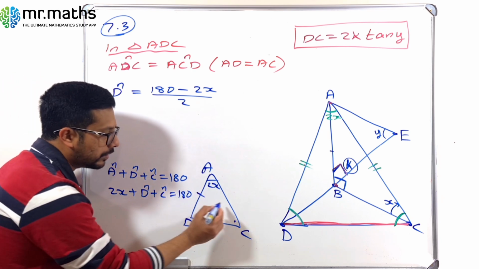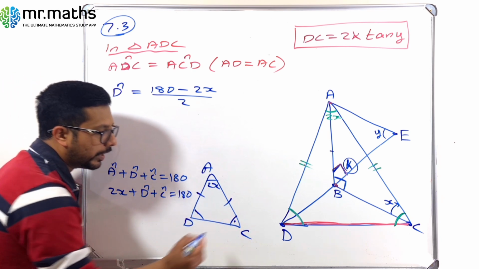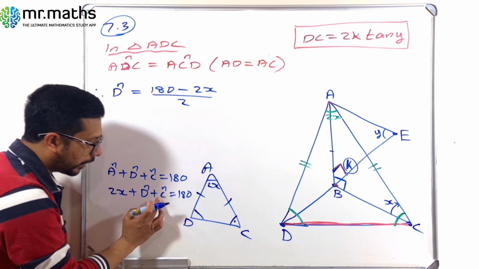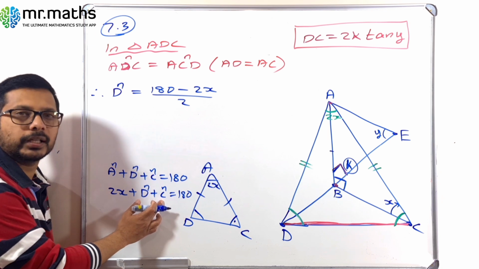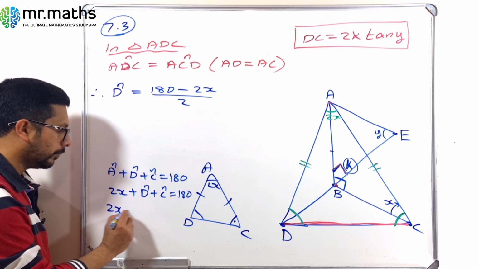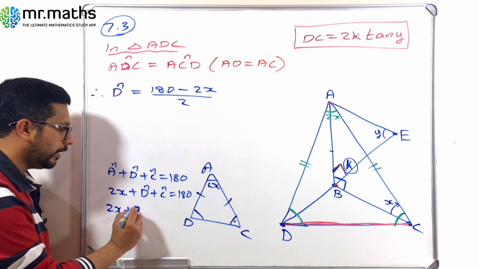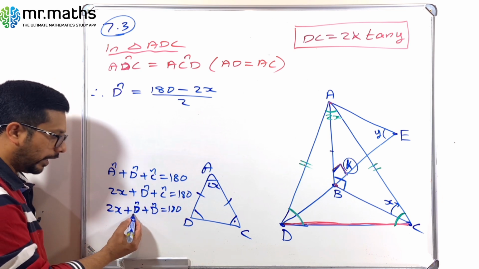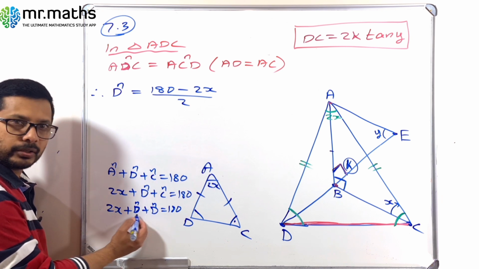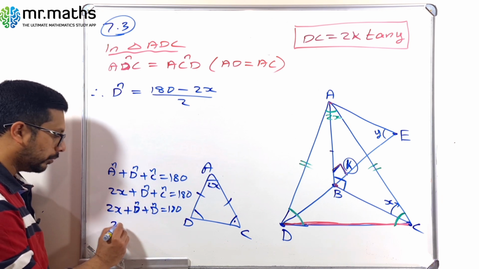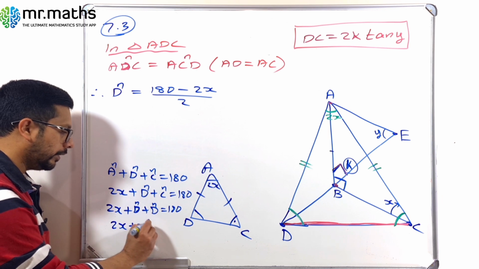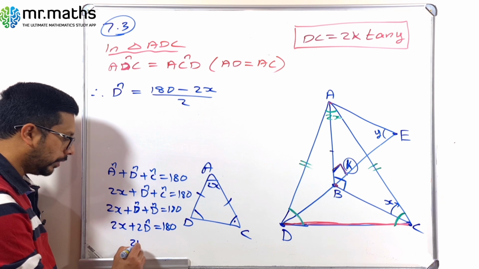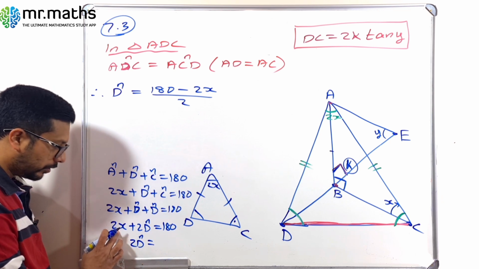But since these two sides are equal, angle D and angle C are equal. So instead of angle C, I can write angle D here also, because both are equal. So 2x plus angle D plus angle D is equal to 180. Angle D plus angle D is 2 angle D. So 2x plus 2 into angle D is equal to 180. So from there, what is 2D? 2 angle D. Take this 2x to the other side.